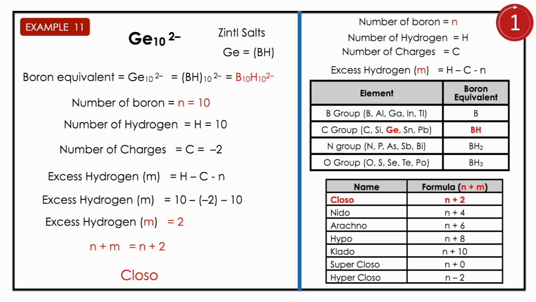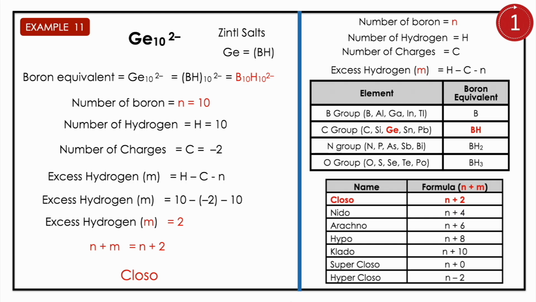First step will be counting the boron. Number of borons are 10, so N equals 10. Number of hydrogens are 10, so H equals 10. Charge is minus 2, so C is minus 2. Excess of hydrogen will be M equals H minus C minus N, which is 10 minus minus 2 minus 10, which gives M equals 2.